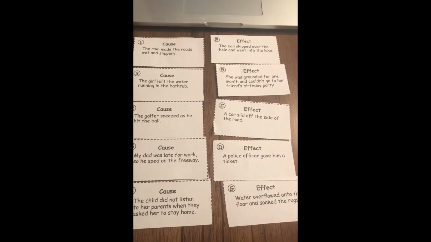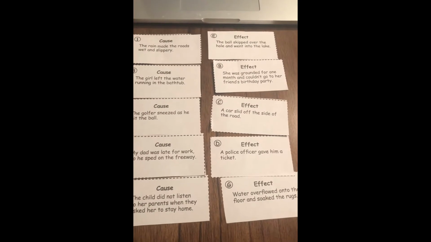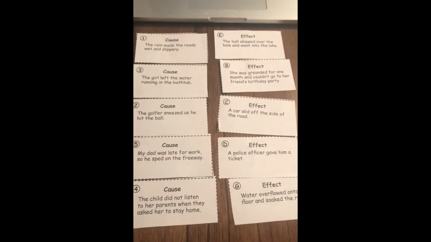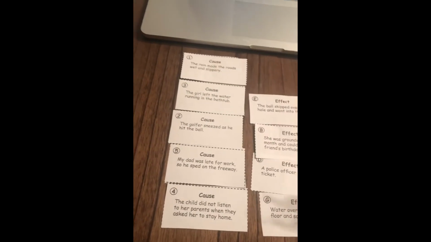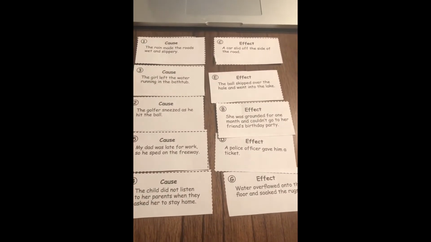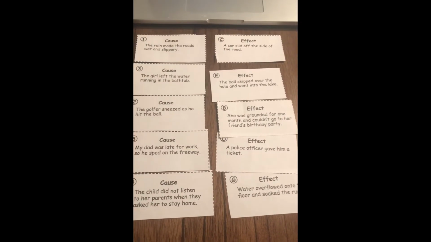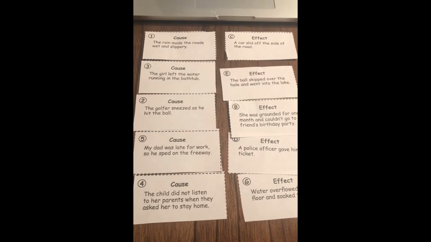She was grounded for 1 month and couldn't go to her friend's party. Nope. A car slid off the side of the road. All right. Now we're on to something there, because a car slid off the side of the road is what happened, and what caused it to happen was the rain made the road slippery and wet.